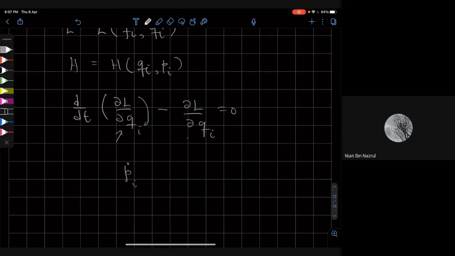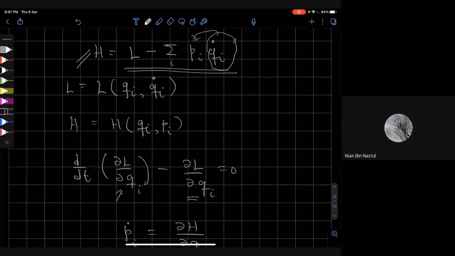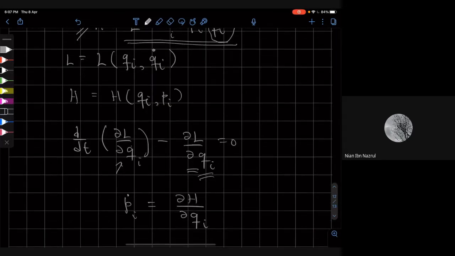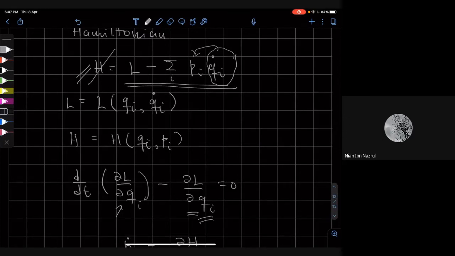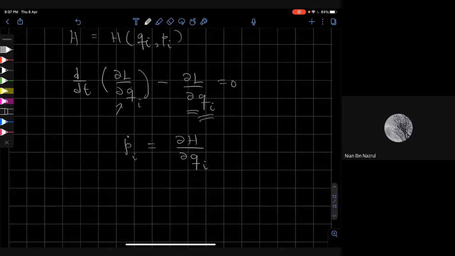And if I plug in the expression for L in terms of H, then this becomes the partial derivative of H by Qi. Right? Because H does not depend on Qi dot, so when you're taking the derivative, this guy drops out, and this guy drops out, but this guy stays on, and that's why we get this. So this is one set of Hamilton's equations.